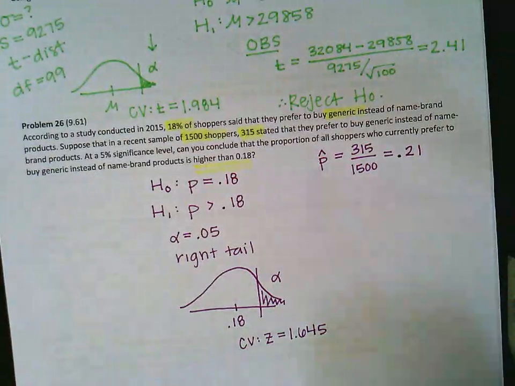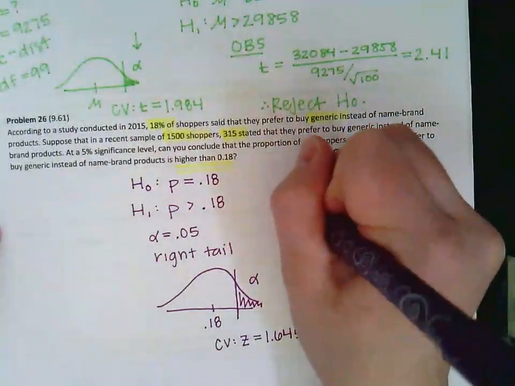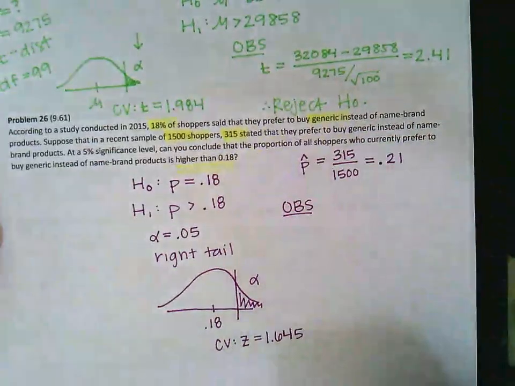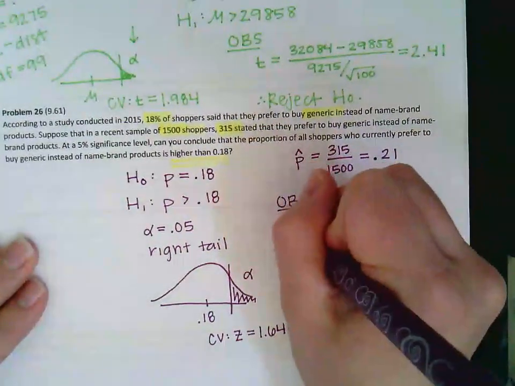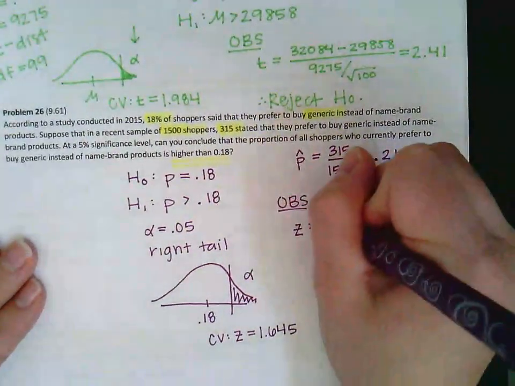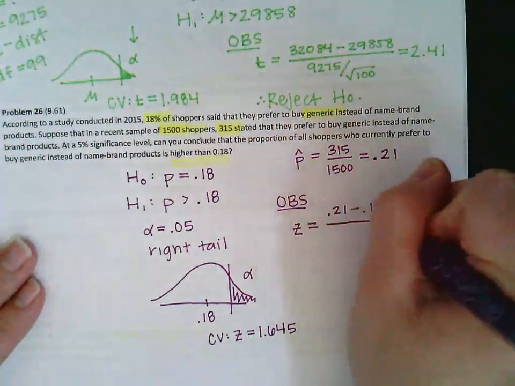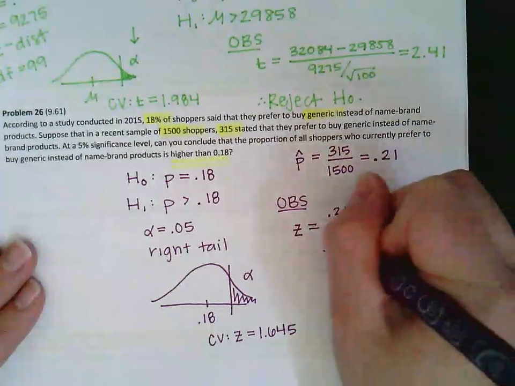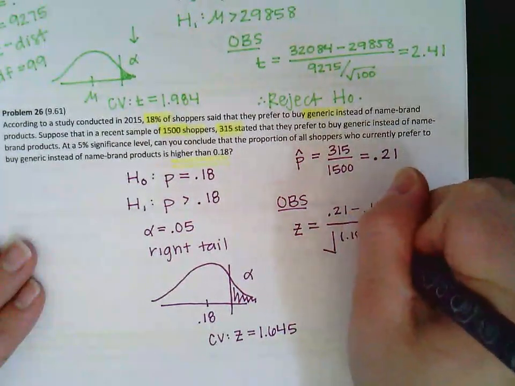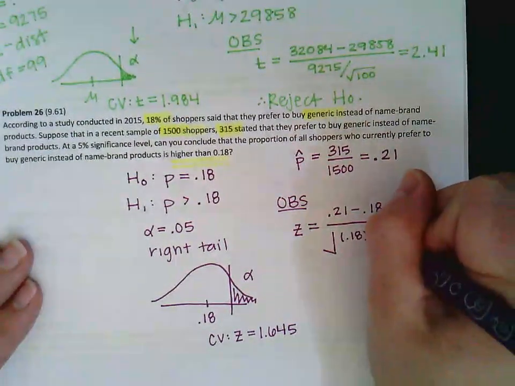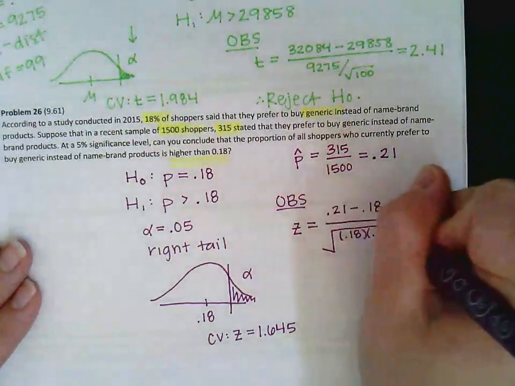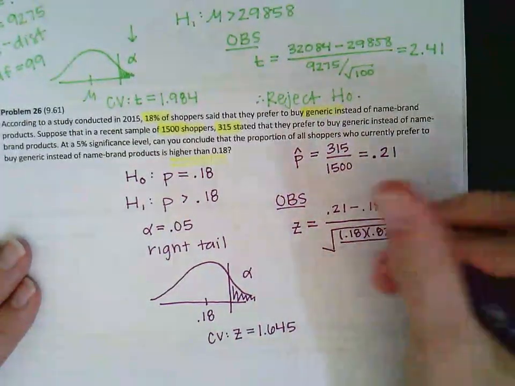Okay, so now let's look at the observed data and see if I'm in that rejection region or not. My observed data says if I take p-hat and subtract out my p, and then again think of this as a sampling distribution, I'm going to use the sampling distribution standard deviation centered at the proportion that's given for the population.